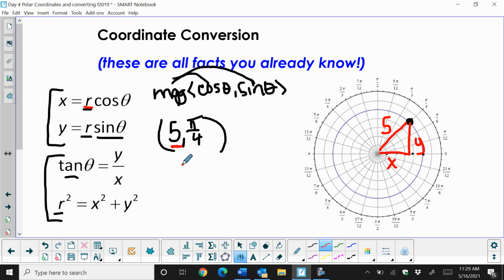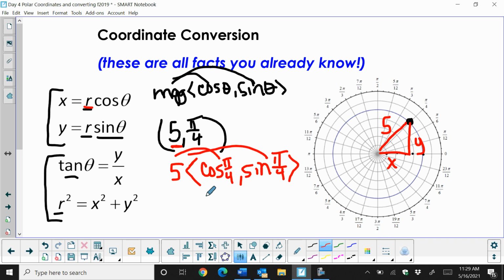We can take that radius, just like we learned with vectors, and we can take the cosine of the angle, which is pi fourths, and the sine of the angle, which is still an angle of pi fourths, and we can distribute the 5 in to get that exact position.